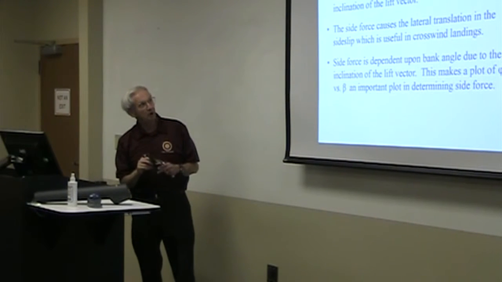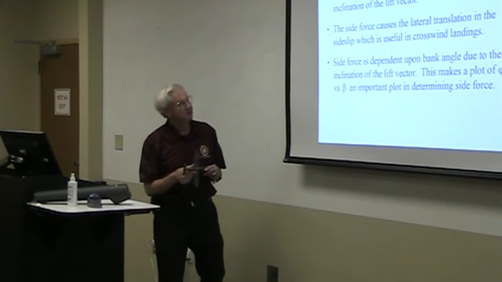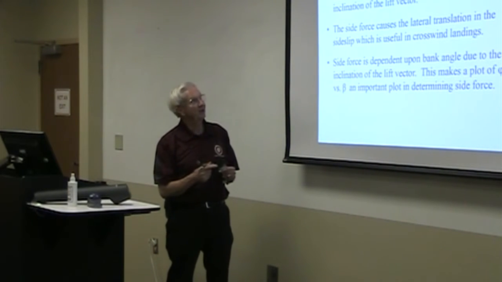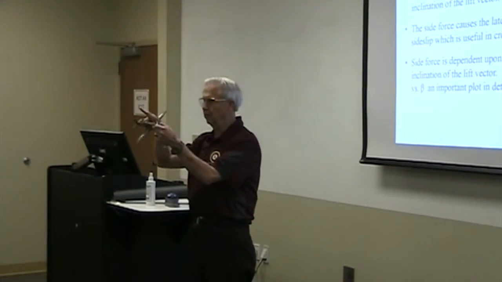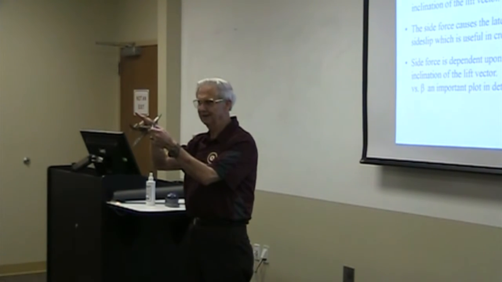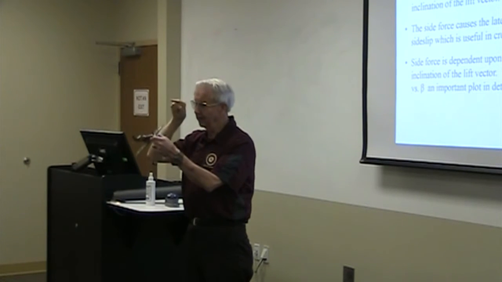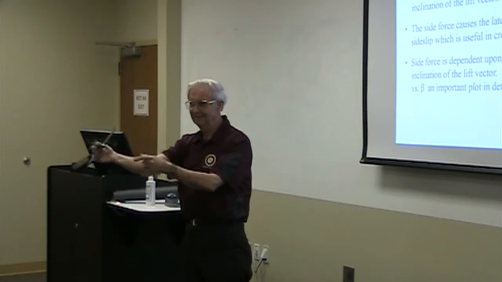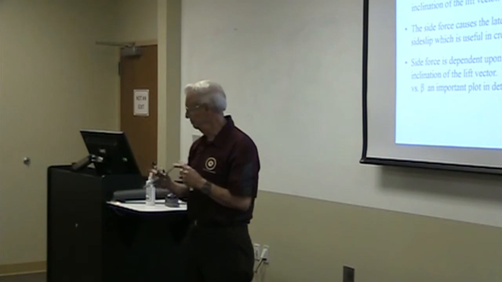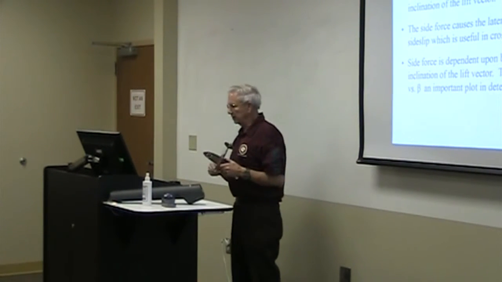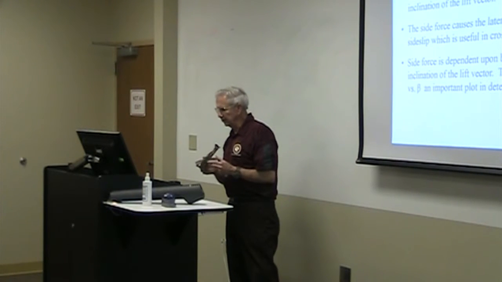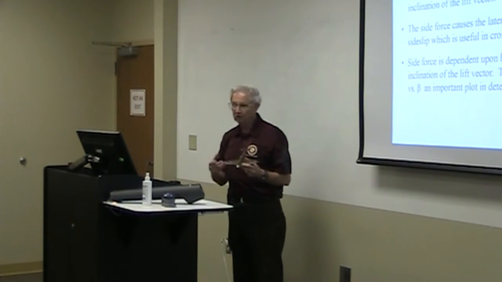Well, a lot of parts of the airplane generate a side force, but the main contributors are the vertical tail and the inclination of the lift vector. So we've got the lift vector going up here, and we bank the airplane, and all of a sudden we've got a side force going that way, just due to the lift vector. Well, that causes a lateral translation in the side slip, which is useful in crosswind landings.